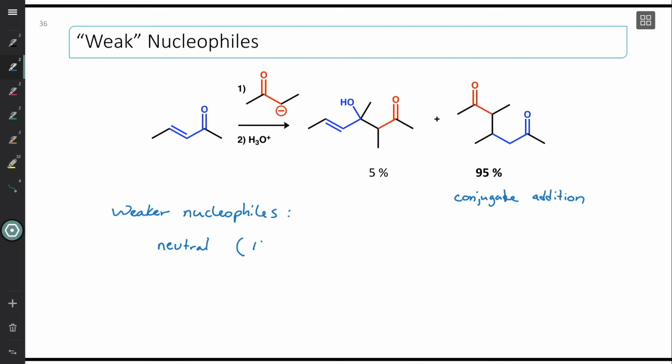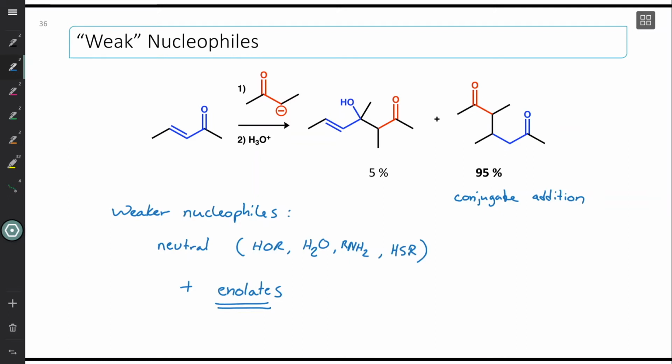So alcohols, water, amines, thiols, we saw all of these were like the weaker nucleophiles, and enolates, which is why we're discussing it now, right?